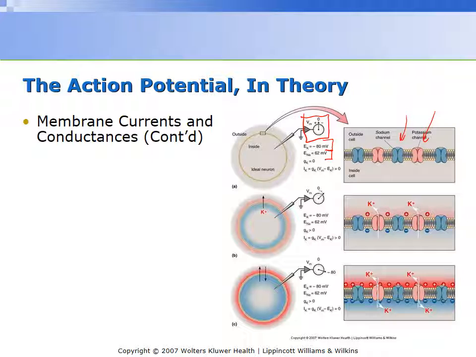Now, if we open up the sodium channels and the potassium channels, and we have stated already that we have 20 times more potassium inside the cell than outside, the potassium would want to leave the cell, and with each ion exiting the cell, it carries one positive charge with it. Over time, when it comes to a chemical equilibrium, we have generated a transmembrane potential with negative inside the cell.